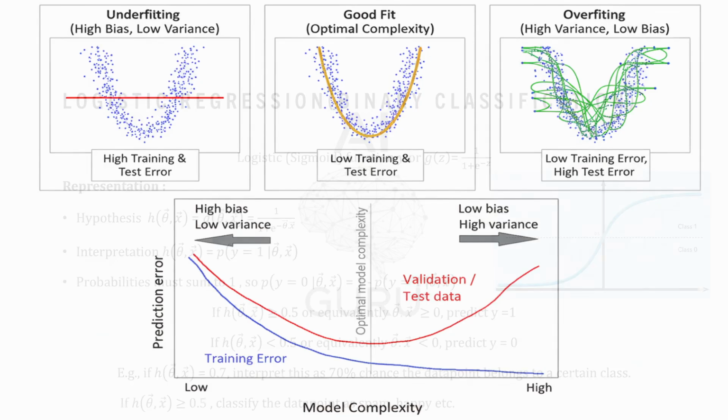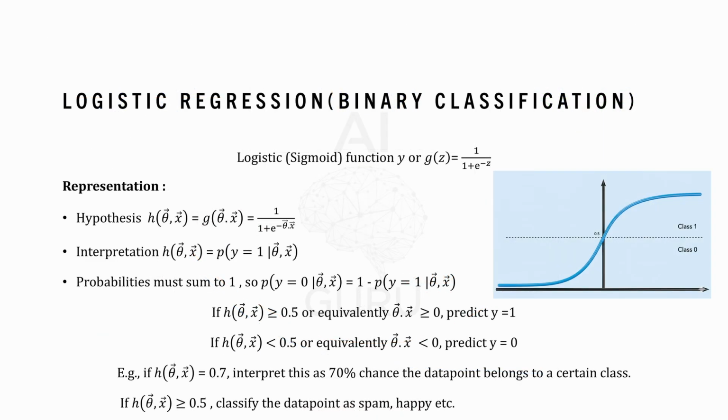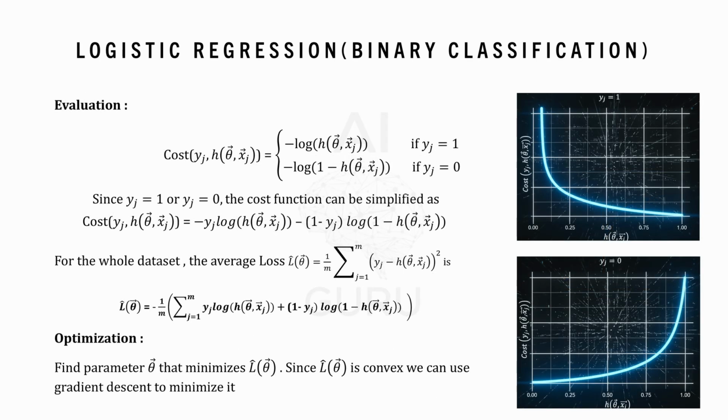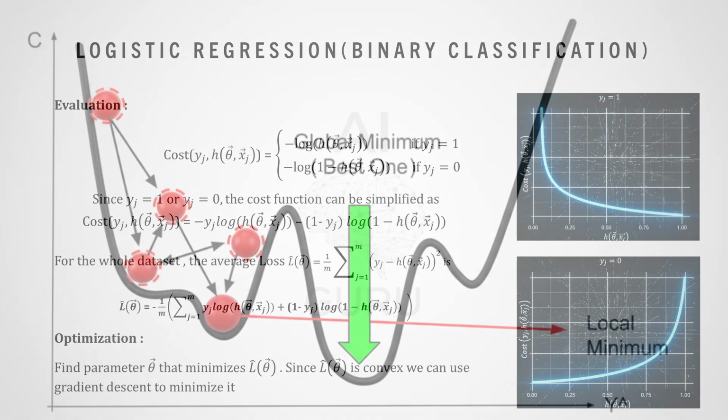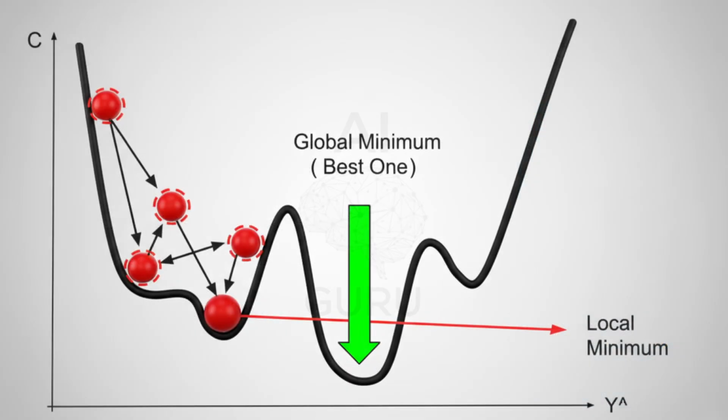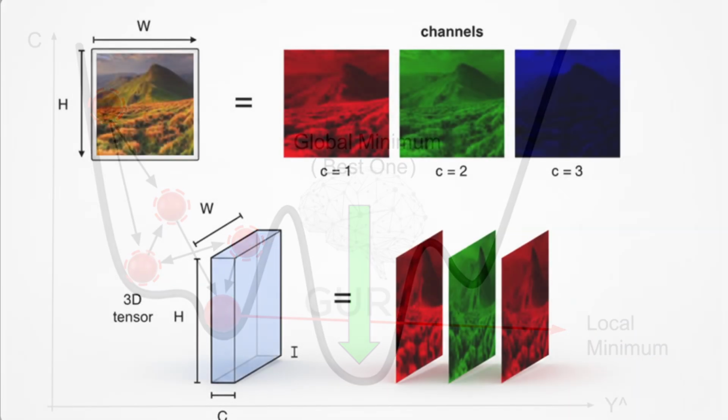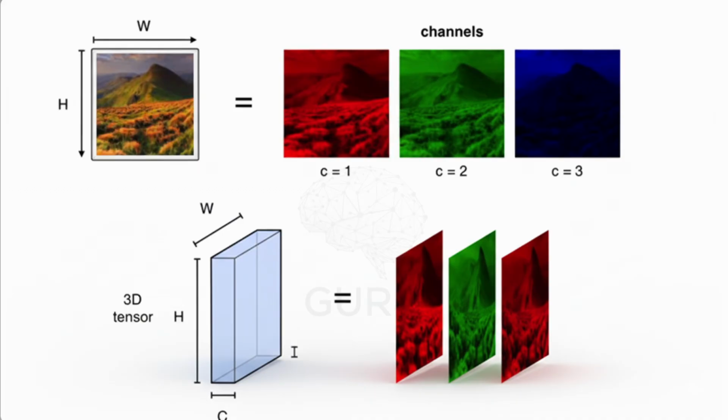We switched to classification, using the sigmoid function to get probabilities between 0 and 1. And crucially, adopting that special logarithmic cost function to ensure we could actually find the best parameters reliably, avoiding those nasty local minima. And finally, we generalized our data structures beyond matrices with tensors, the language of multidimensional data.